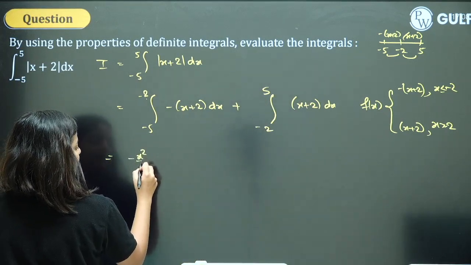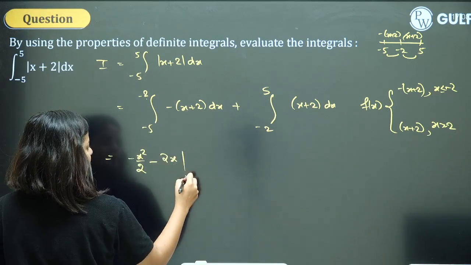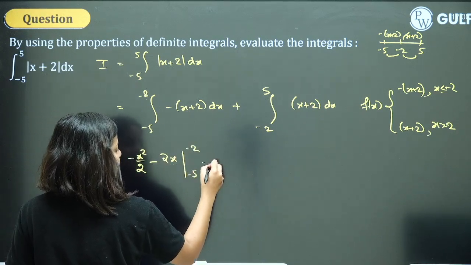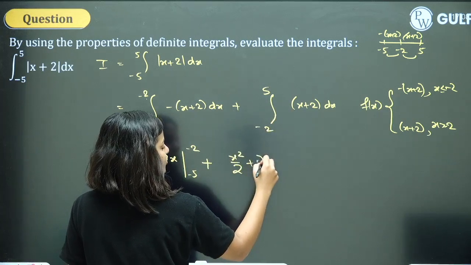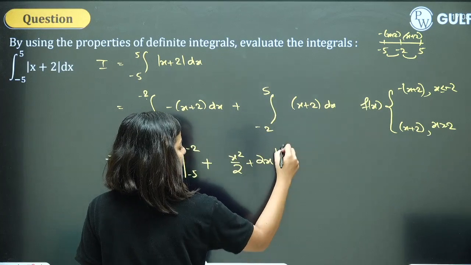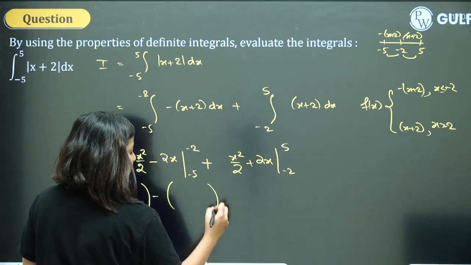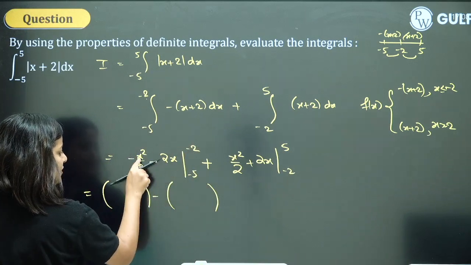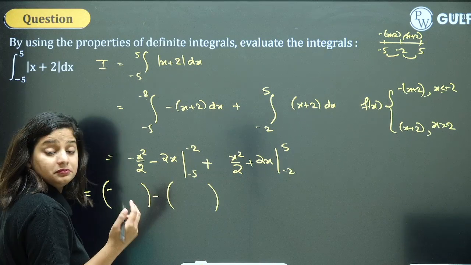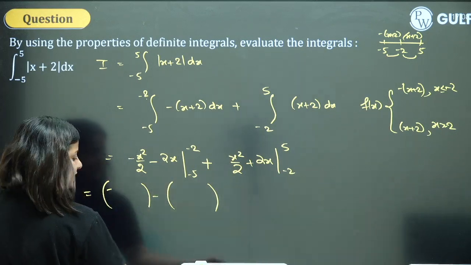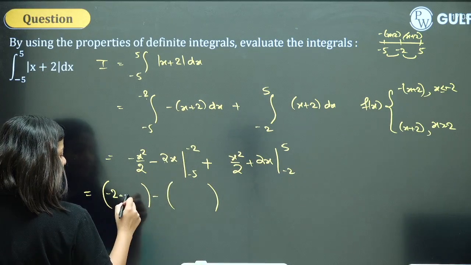Minus of x square by 2 plus 2x from minus 5 to minus 2, plus integration of x square by 2 plus 2x from minus 2 to 5. We are going to put upper limit, lower limit for the first one. So in place of x, you put minus 2. Minus 4 by 2, it is minus 2. Chalega? And 2 into minus 2, minus 4, makes it plus 4.